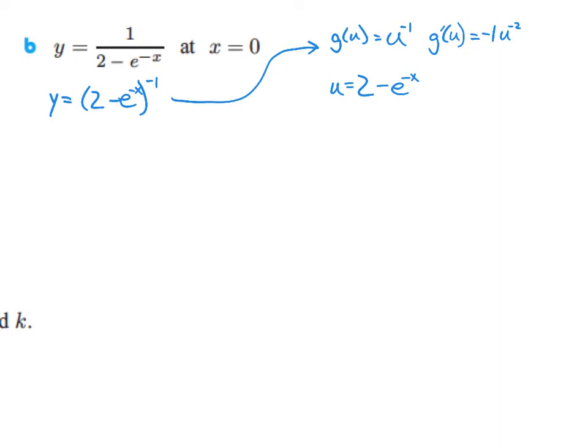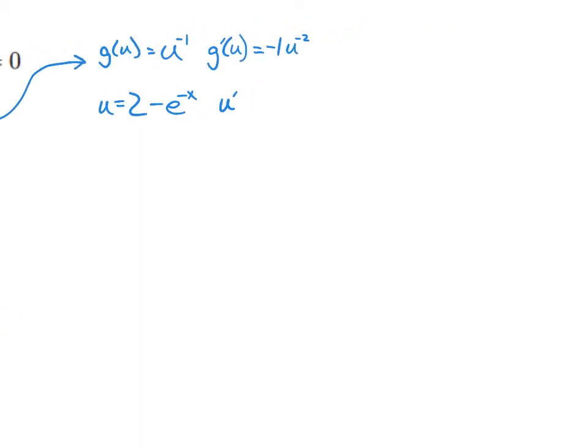Now I've got to take the derivative of that. To do u prime, the derivative of 2 is 0. So it's 0 minus, and now the derivative of e to a power is e to the power, so it's minus e to the negative x, and then times negative 1, because of the chain rule.